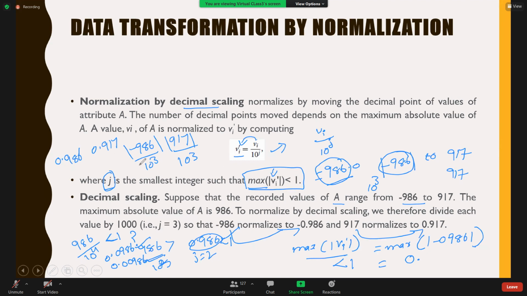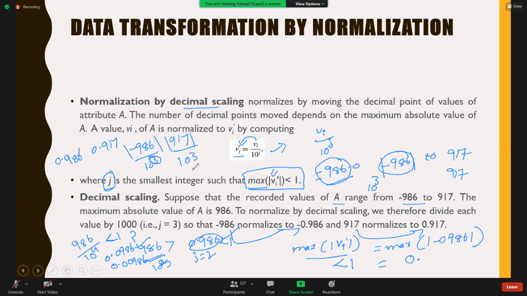Okay, then I'll divide with 10 power 4. What happens? You will be getting 0.0986, and here you will be getting 0.0917. Okay. But among all the values, you need to select this 10 power in such a way that the maximum value must be less than 1.